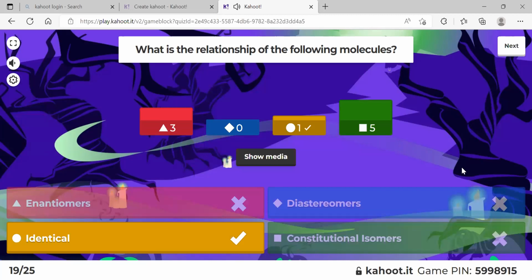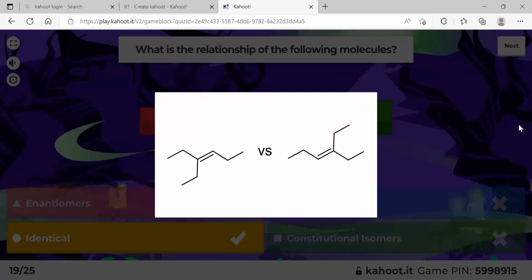Ooh, what happened, family? Let's explore this together. So we have two molecules, okay? This is the thing for finding the relationship of things that are either diastereomers versus enantiomers versus identical, okay?